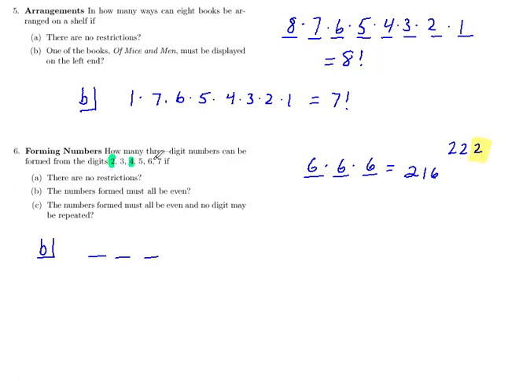The 2, the 4, and the 6 are my 3 even digits. So this last spot has 3 choices. Now 574 is a valid 3-digit number that's even. So these first 2 digits can be anything they want to be, so each one of them has 6 choices.